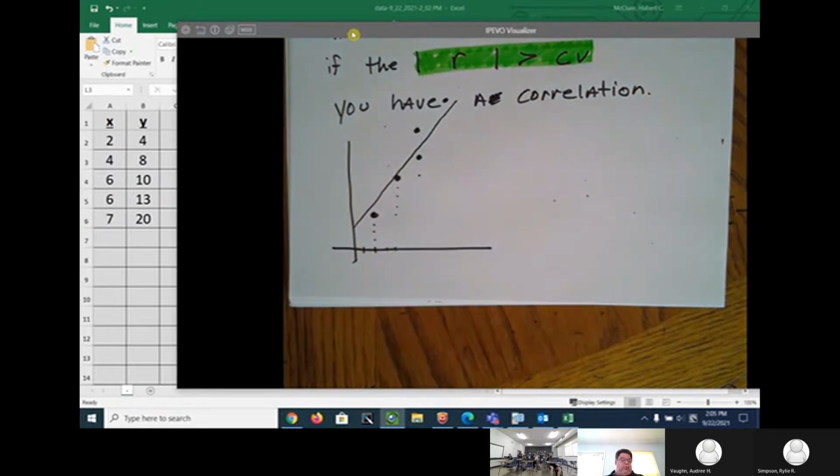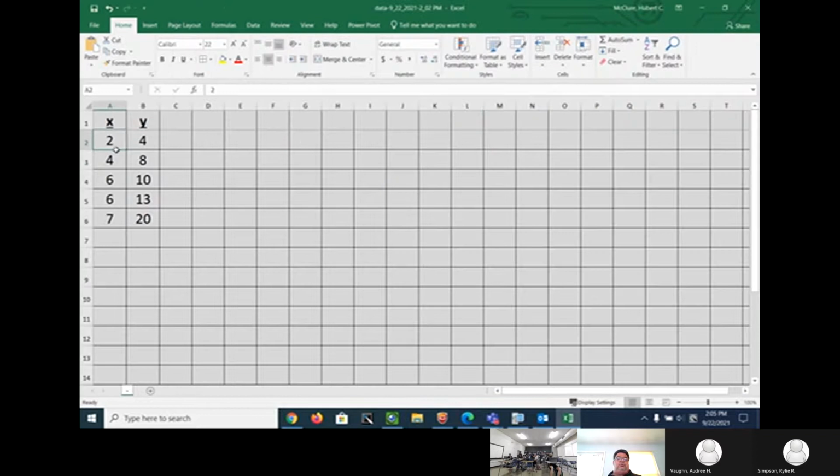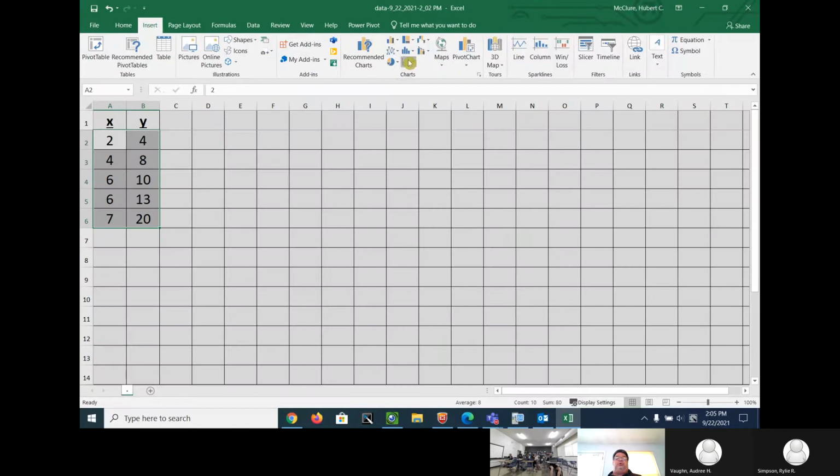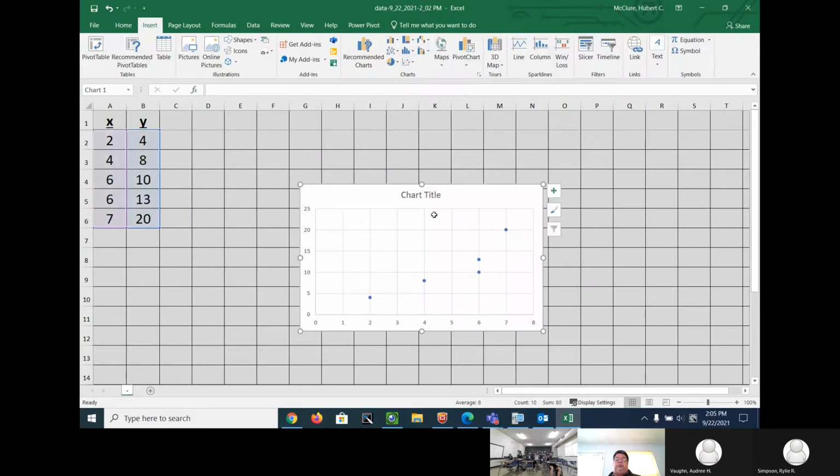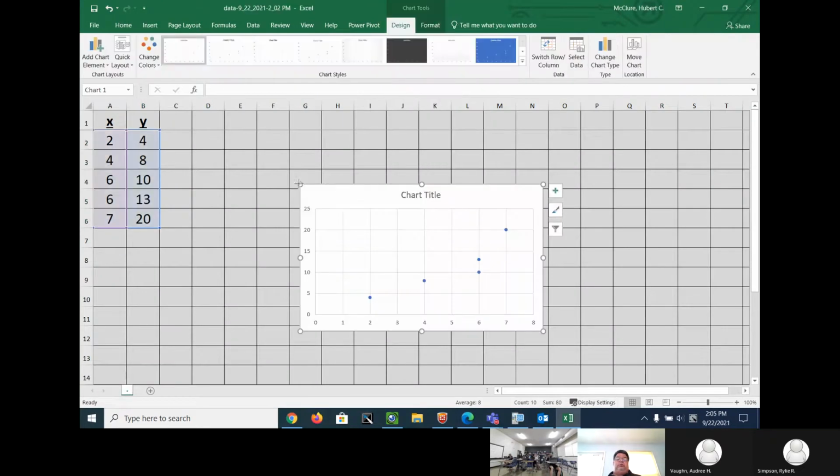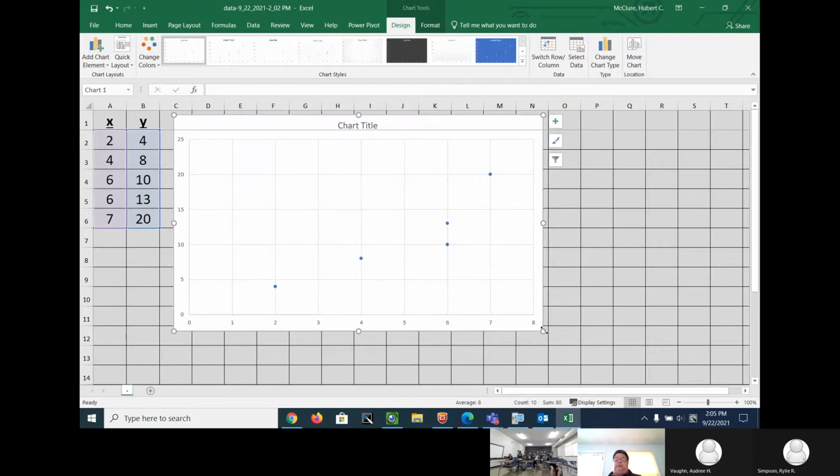So if you've got your Excel spreadsheet, you can just highlight those 2 rows, go to Insert, go to Charts, and hit the chart plot. And there is the scatter plot of this question.